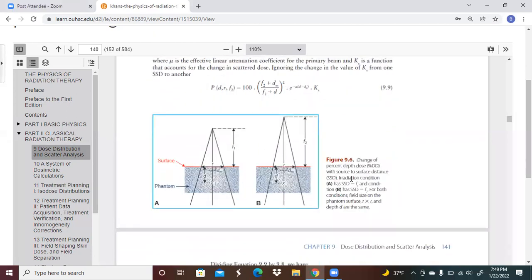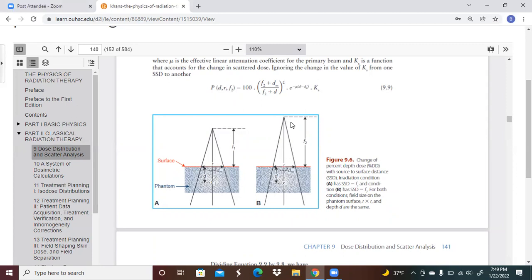So figure 9.6 here is kind of showing what's going on. We've got our Dmax here, and we've got our depth dose in the phantom. We want to keep the same field size and the same depth, but again, we can't cover what we need to, so we're going to move the phantom away, or move the patient away, from the treatment unit.